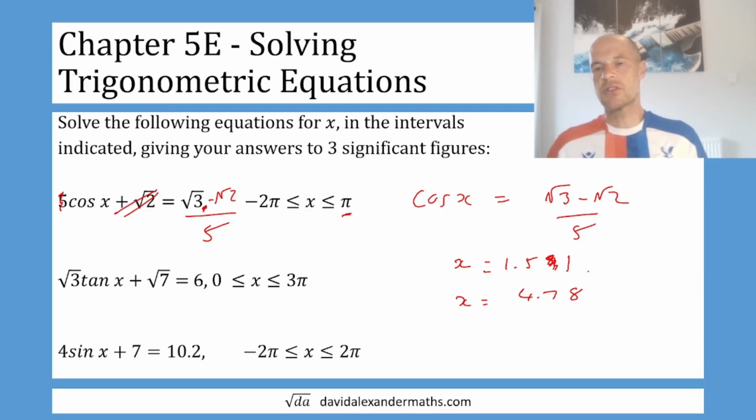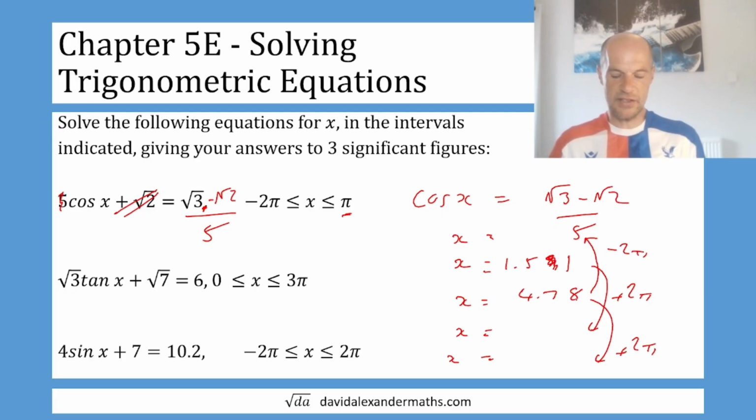Now, if I was working up to the next one up, I would be adding 2 pi to 1.51. And for the fourth solution, I would be adding 2 pi to my 4.78. So if I want the one that is before 1.51, I'm going to subtract 2 pi from the 4.78. So take away 2 pi, that is negative 1.51.